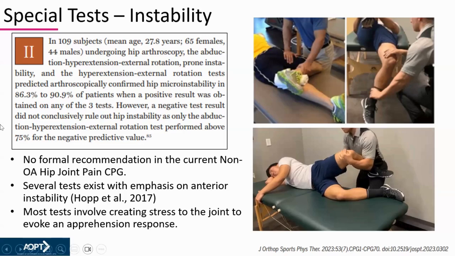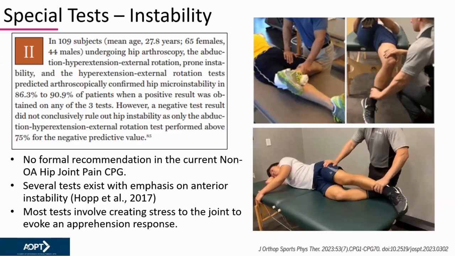And whether you do this or one of the top images, even though I don't have videos of them, we're looking for symptom reproduction. That may have some pain involved, but if you think of the instability presentation, a more important finding is if they're apprehensive.